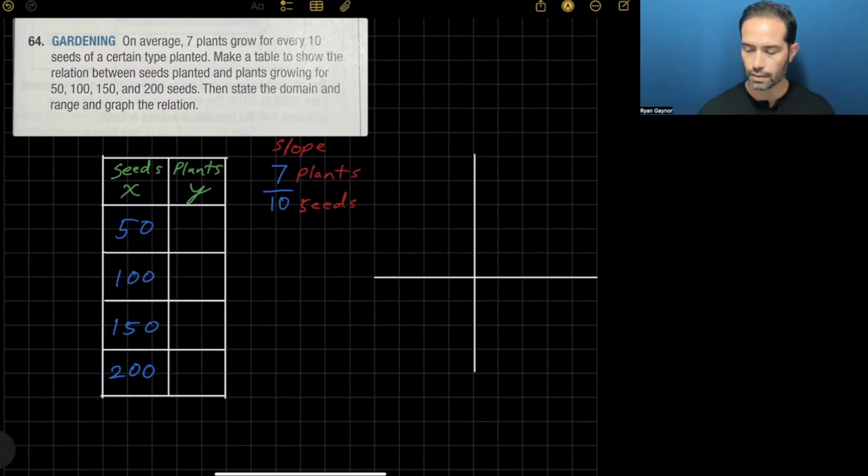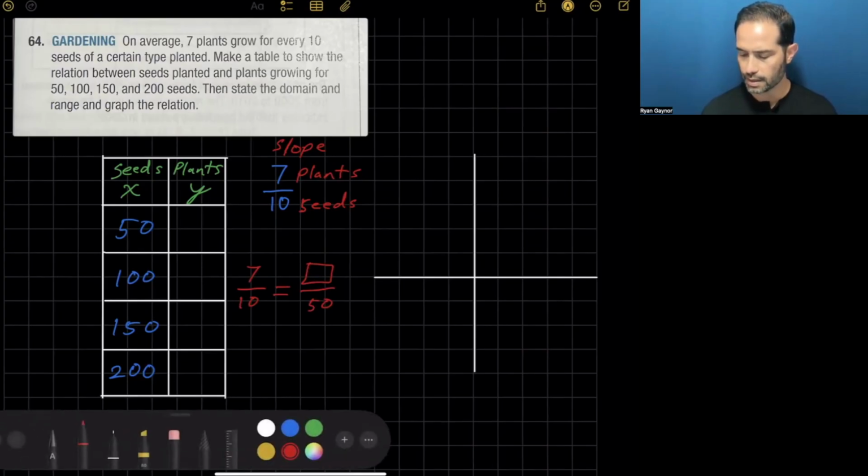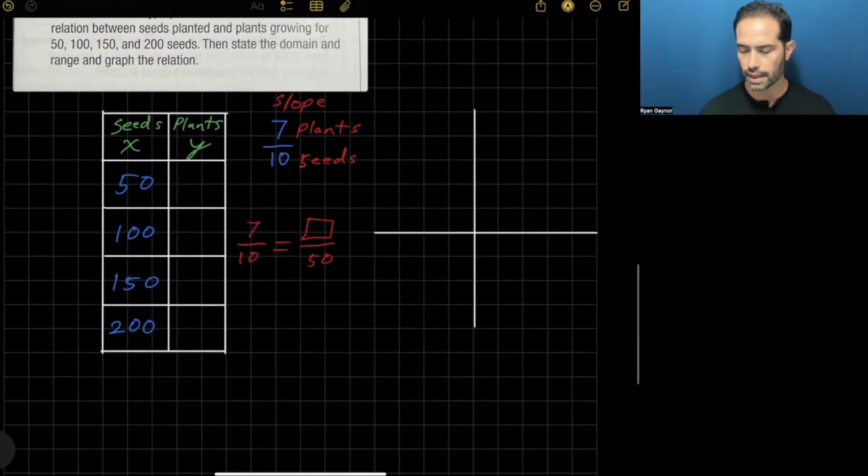Okay, so what we can do is do a little proportion over here. So we have 7 plants for every 10 seeds. We're going to set that equal to a blank space over 50 seeds. So how am I going from 10 to 50? It's always going to be either multiplication or division.